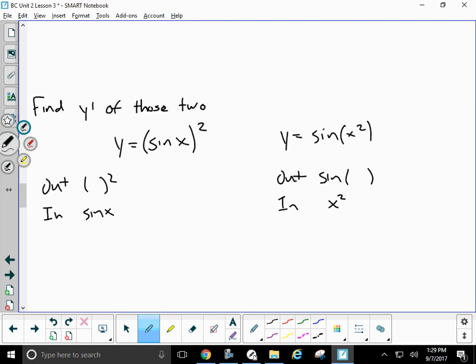Okay, so taking the derivative of the first guy, I would do 2 to the first and cosine, giving me y prime of sine squared is 2 times cosine of x. Fill in the inside. The inside is just the sine.